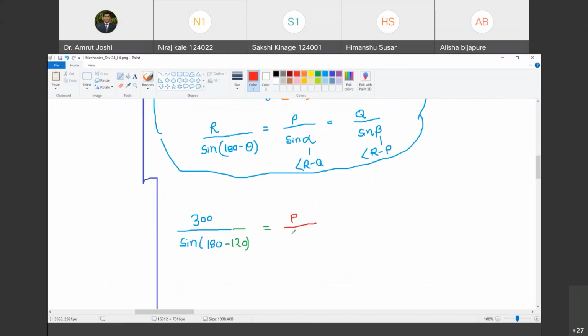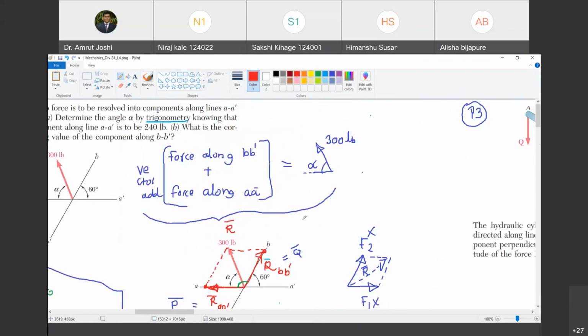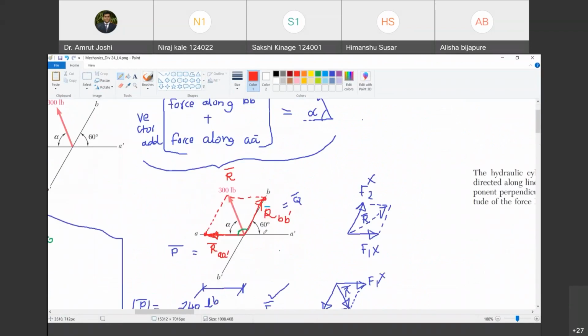divided by sine of the angle between the addition and Q. Are you with me? Yes, sir. So what is the angle between the addition and Q? The addition is 300 pound. And what is Q? We have called RBB dash as Q. So what is the angle between these two lines?